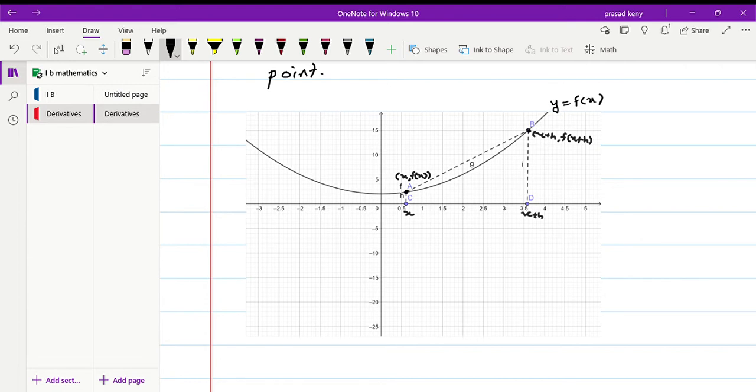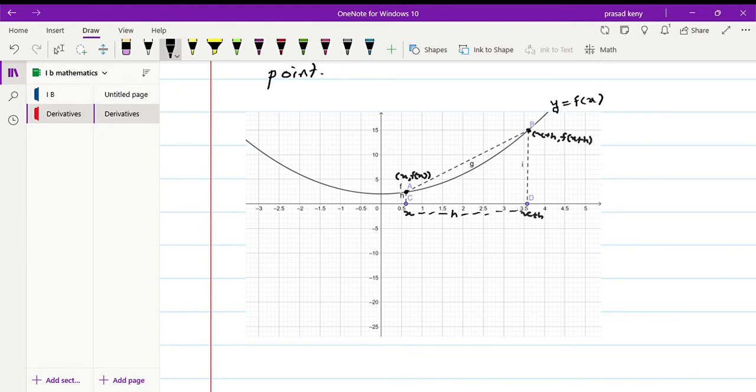Now suppose the distance on x-axis between the x coordinates of the 2 points here is h. That means for B, the x coordinate will be x plus h, and hence the coordinates of B will be (x plus h, f(x plus h)).